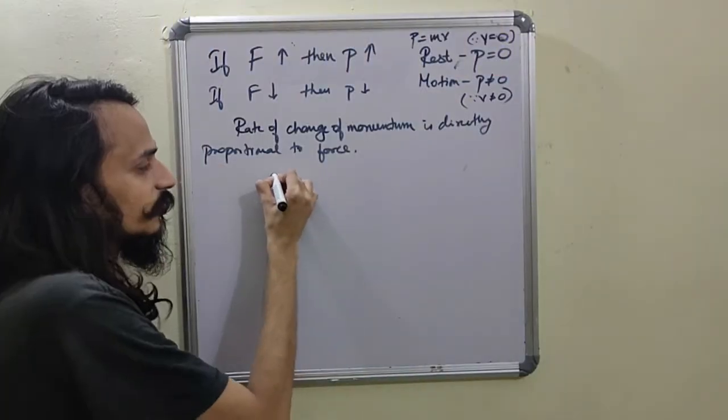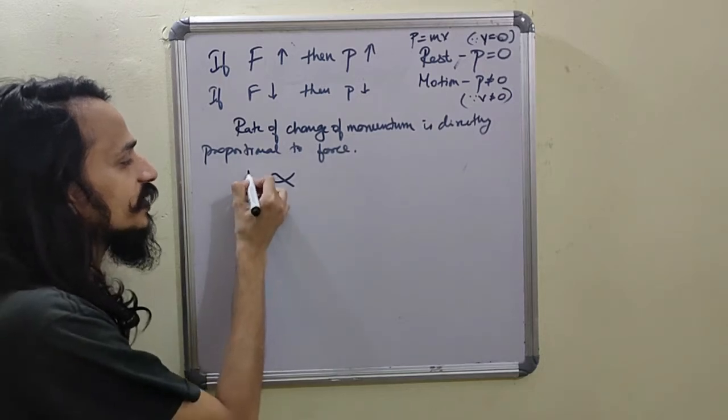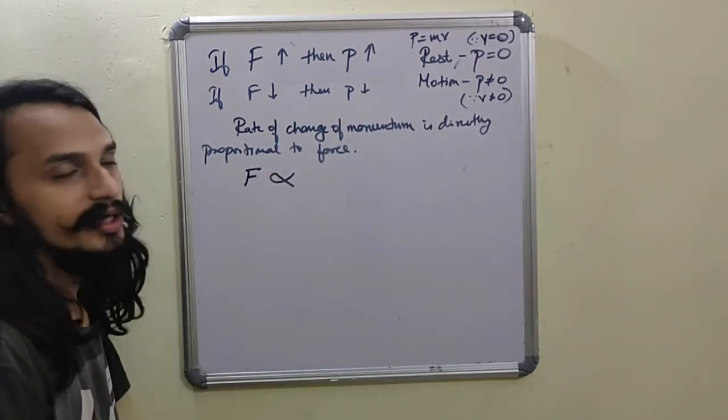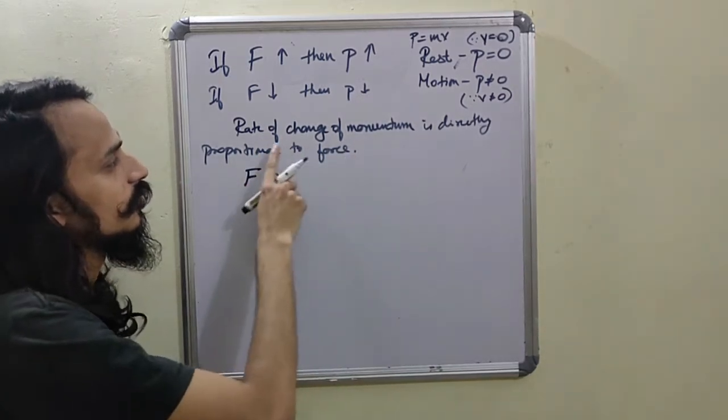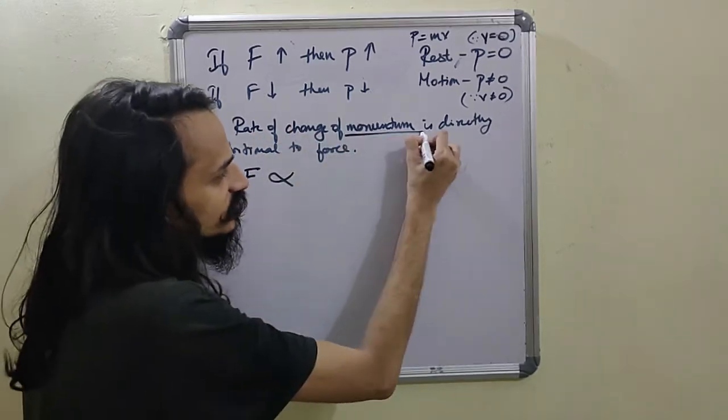The symbol for proportion is this. Okay. Now I am saying that force is directly proportional to rate of change of momentum. We'll look at rate of change later. First let's look at momentum.